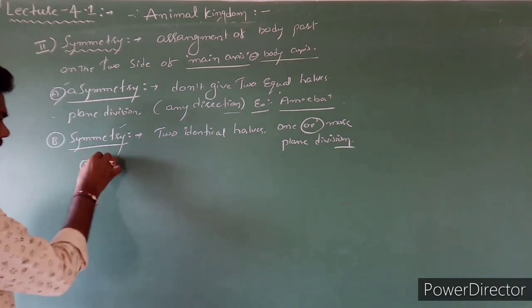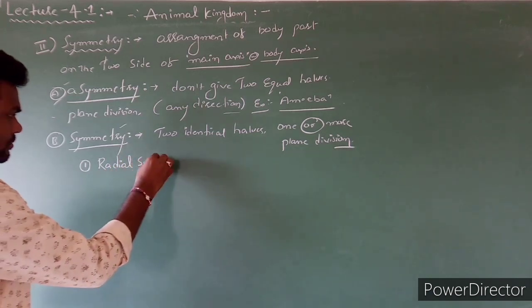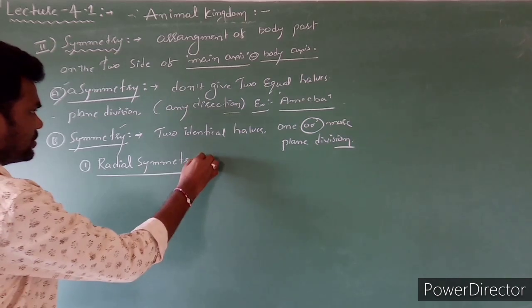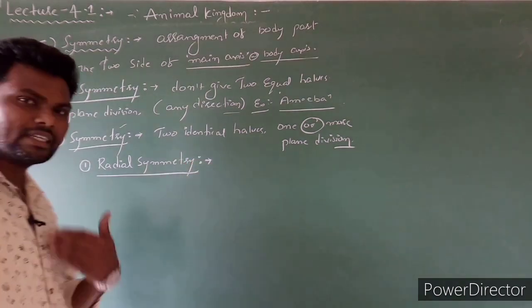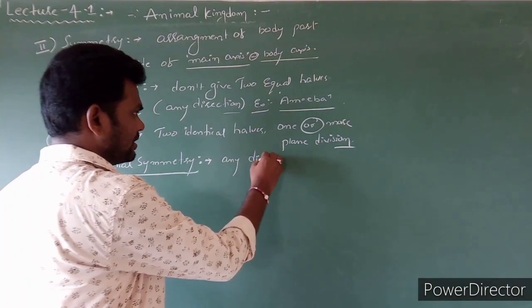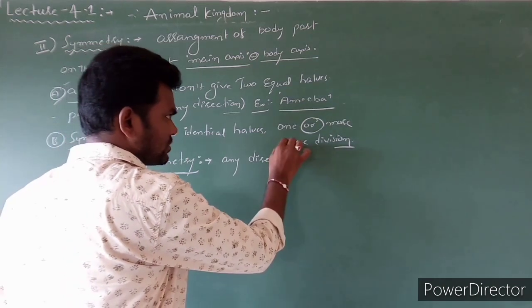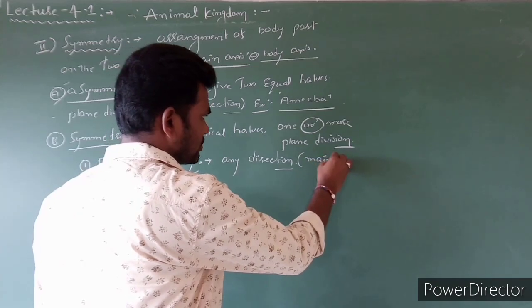One is radial symmetry. In this case, what happens? You can cut in any direction, and it should pass through the main axis or body axis.